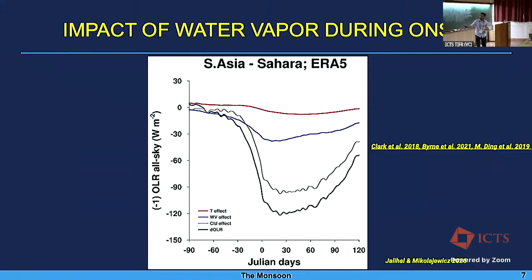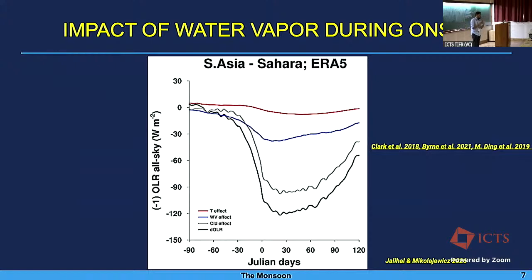So if we look at the temperature effect, its contribution is negligible. Blue is water vapor. Water vapor contribution is higher pre-onset, and post-onset, there is a sudden drastic increase in contribution from clouds. So around the time of onset, which parameter determines OLR is different, and that is a very important thing here.